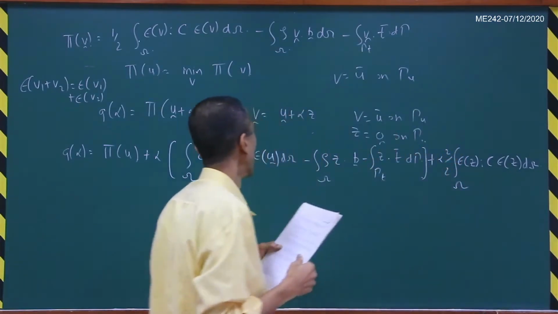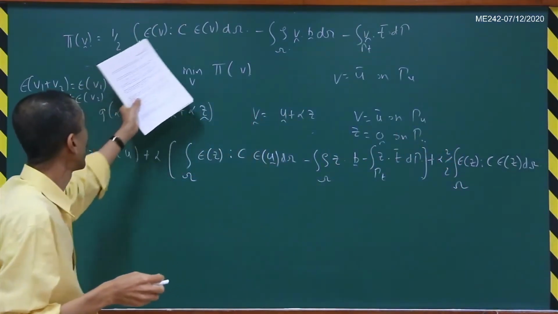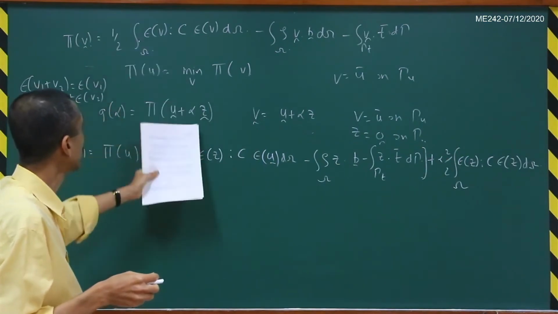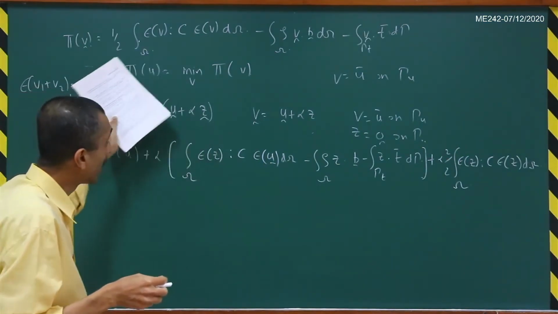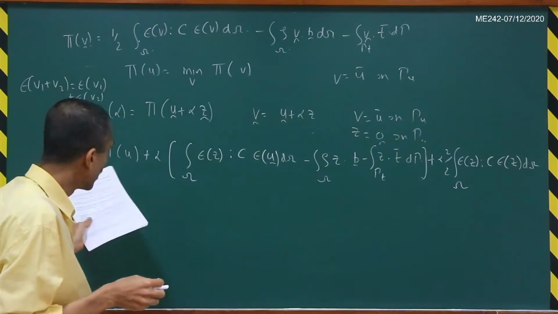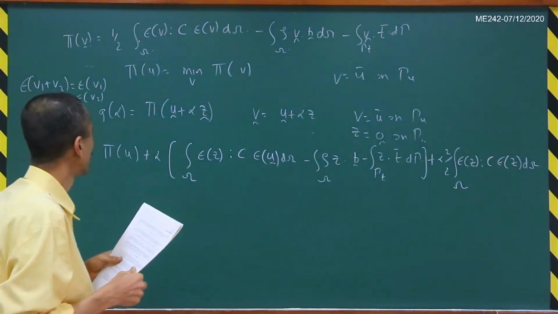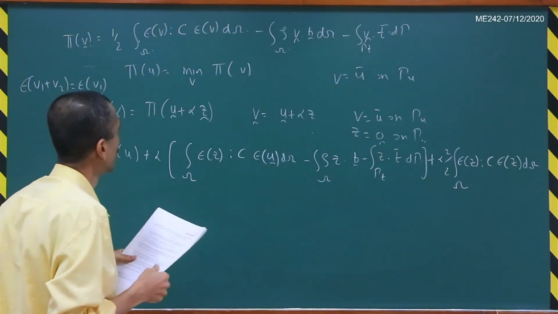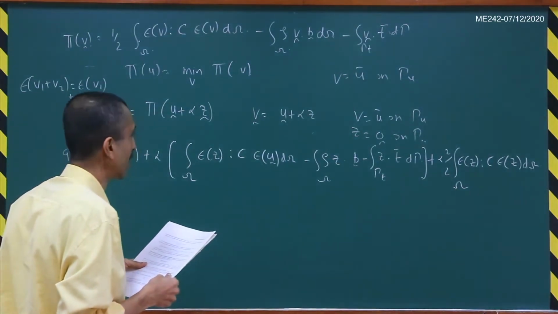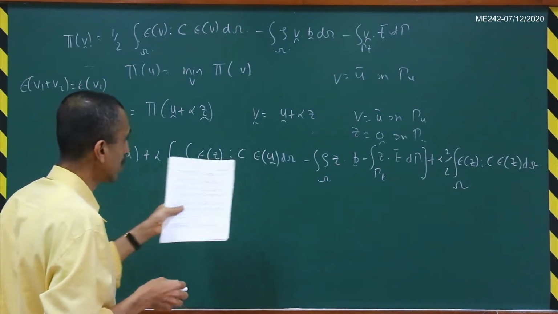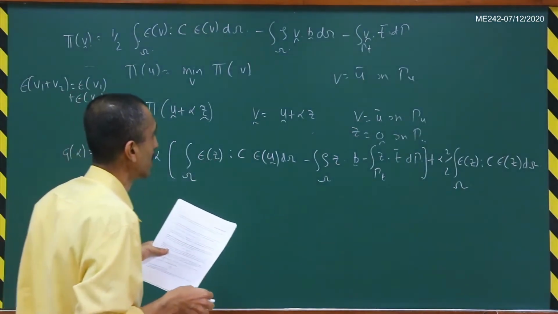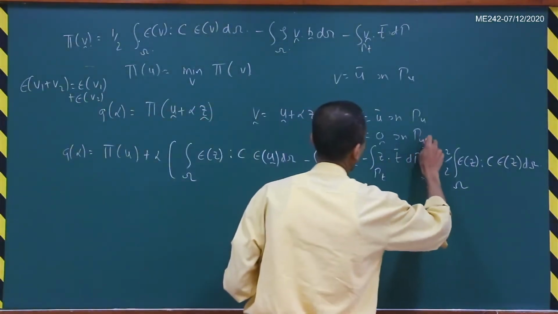So if you substitute v equal to u plus alpha z and expand out this whole expression, this is what you will get. We have used the fact that z is equal to 0 on the boundary gamma u here.